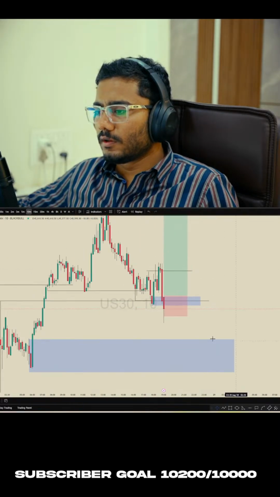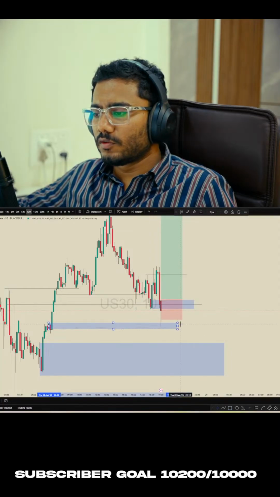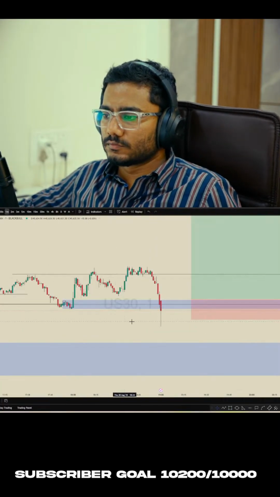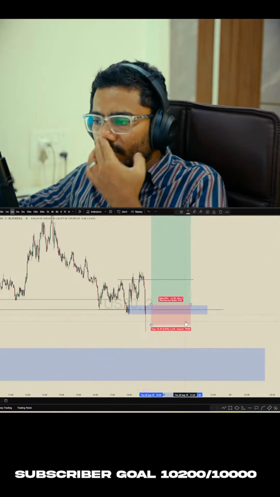I knew what it can do. It's rejected from this order block. We can still look for buy side. Let's wait.